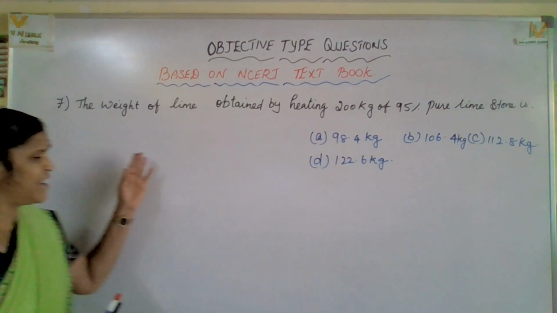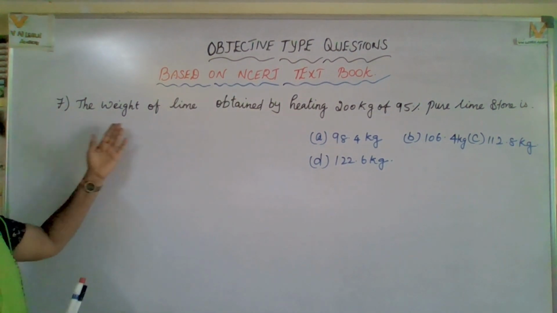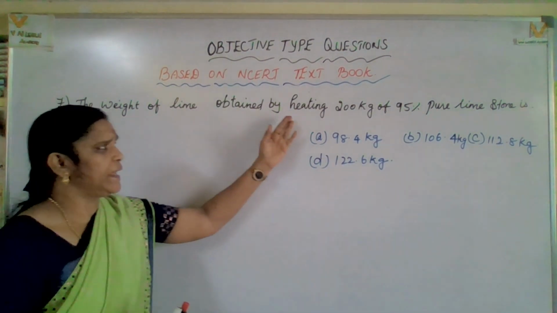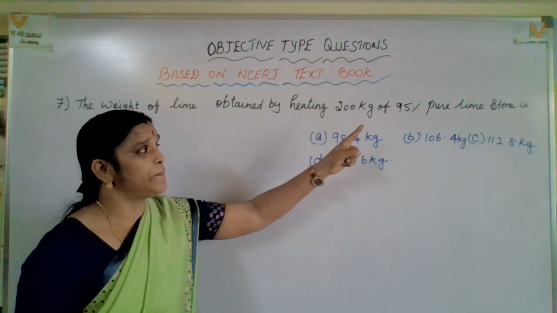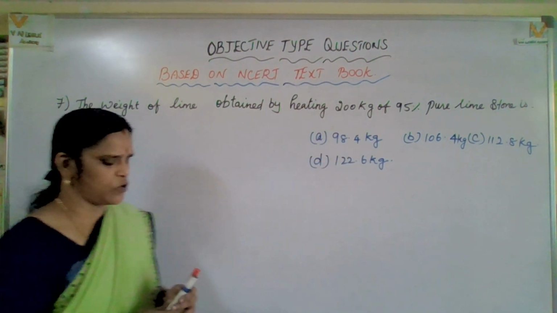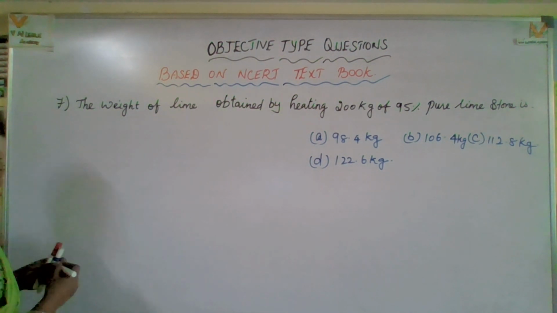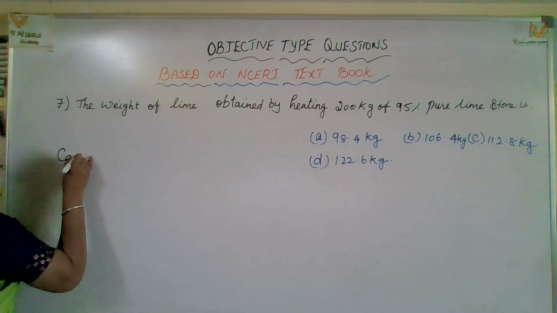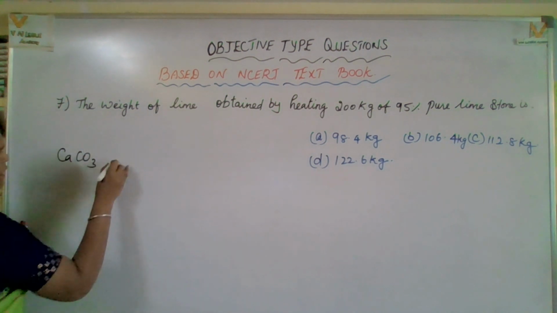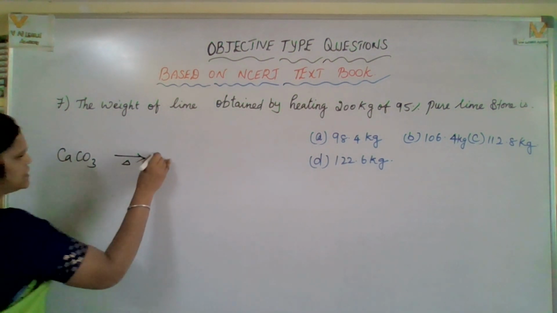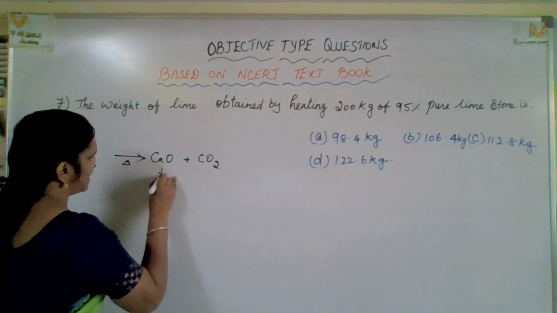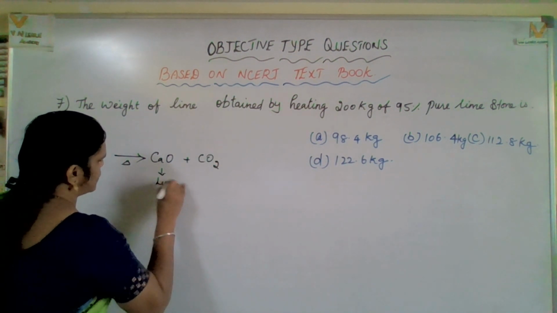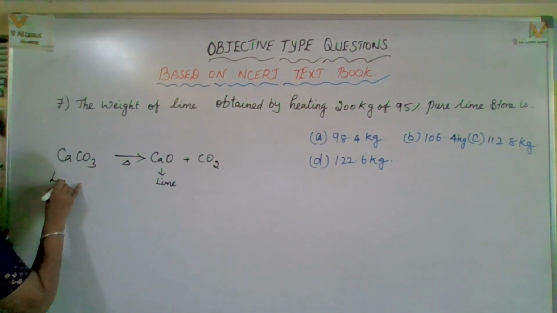Now let us check another question. The weight of lime obtained by heating 200 kg of 95% pure limestone. You know very well, limestone is calcium carbonate, CaCO3. On heating, it gives CaO plus CO2. CaO is called lime, and CaCO3 is limestone.